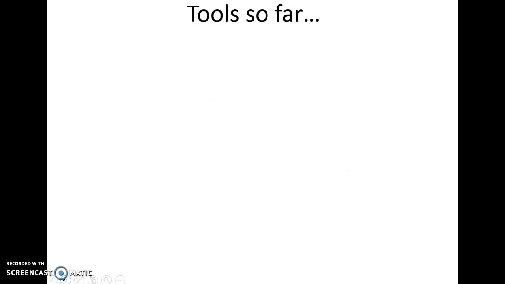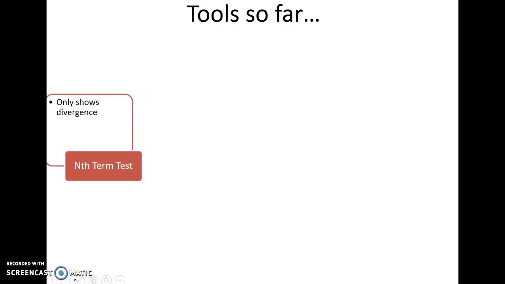Before I start, here are some tools that you have so far for series that have numbers in them. You have the nth term test, and this is the place that I like to start. It only shows that your series diverges. A series can pass the nth term test, and we don't know at that point whether it converges or diverges.